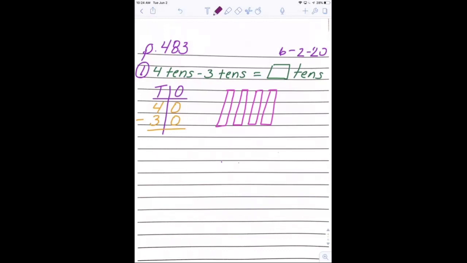So I write 1, 10. So 0 ones minus 0 ones is 0 ones. Now 4 groups of 10 minus 3 groups of 10 equals 1 group of 10.